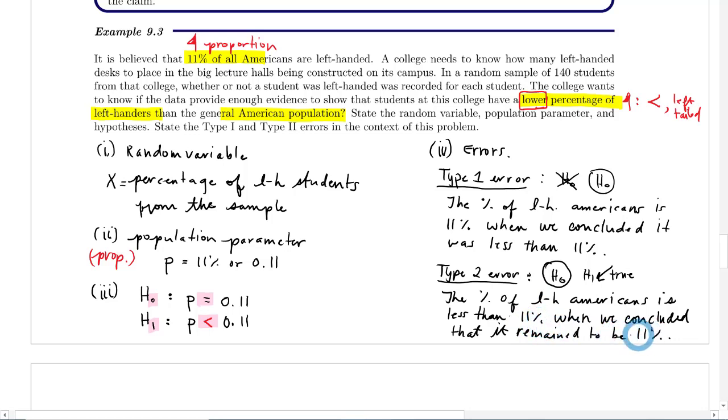So that means that because we made the mistake that we concluded it remained the same, we over-purchased left-handed desks, and now we have a surplus, which is over budget, and that money could have been used elsewhere for other resources. So, it seems simple, but in a big university like UCLA, 11% could be like 10,000 desks. So if they only needed 5,000, that's a lot of money that they over-purchased.